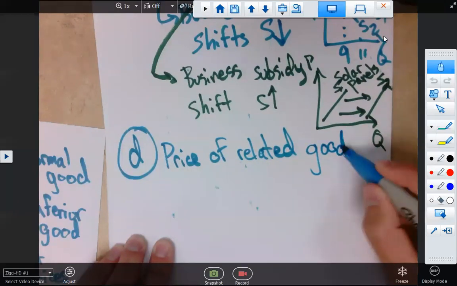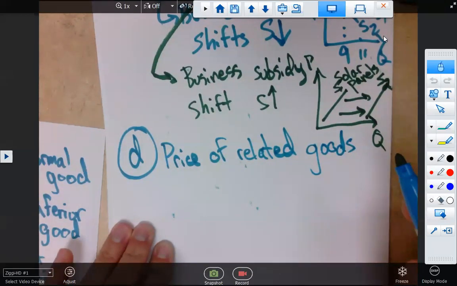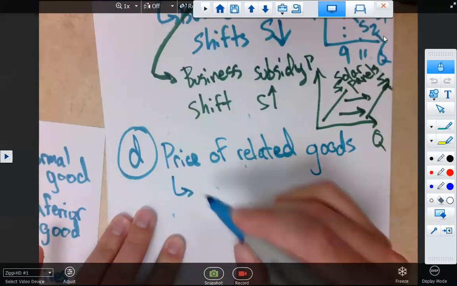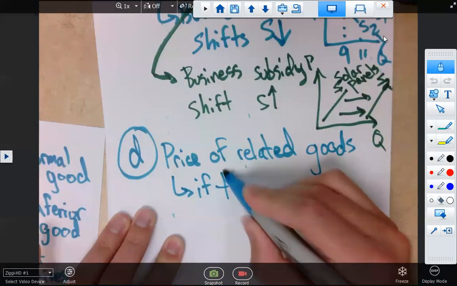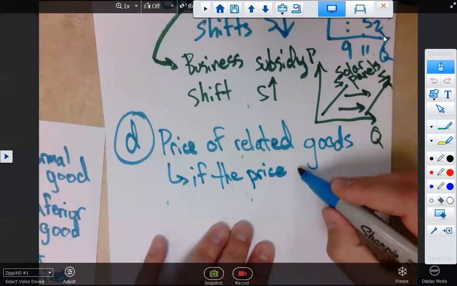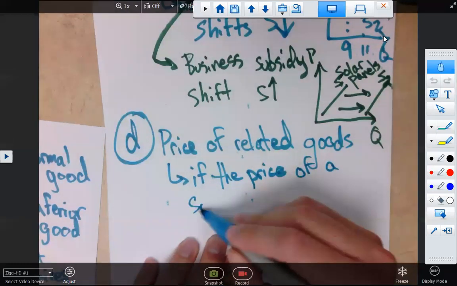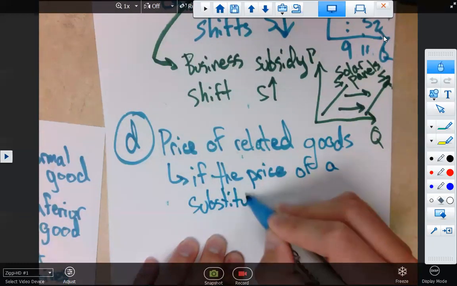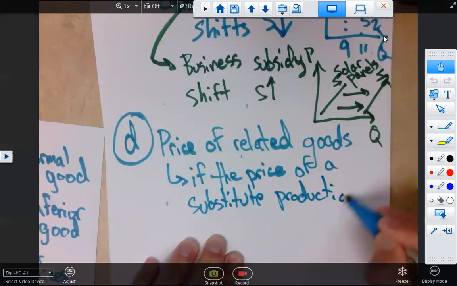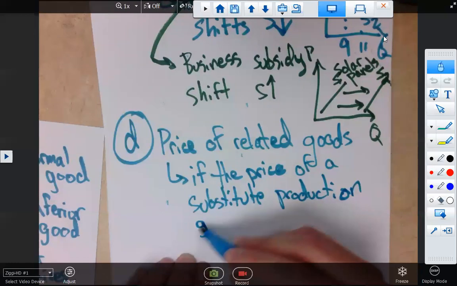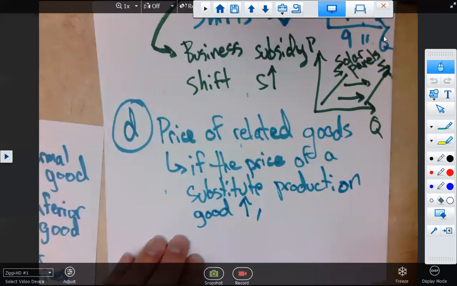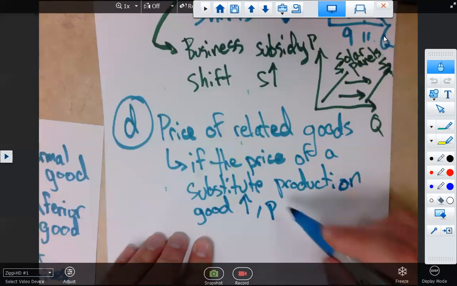So this is the fact that if the price of a substitute production good, so bear with me, if the price of a substitute production good increases, then producers might shift production towards that other good.